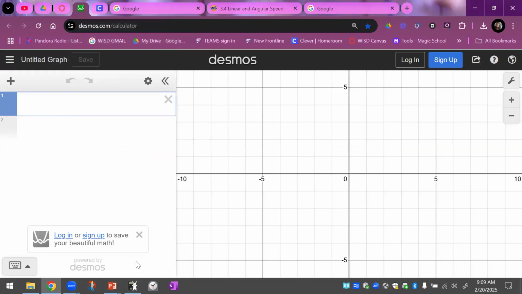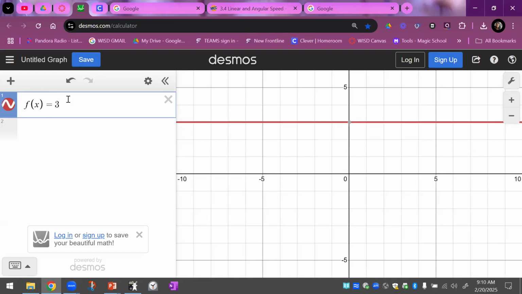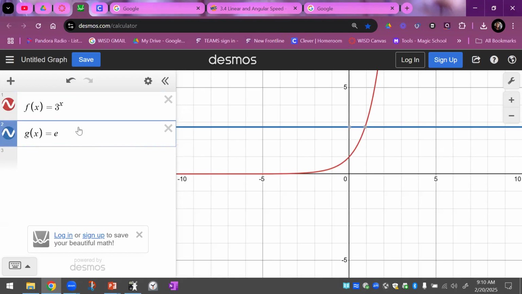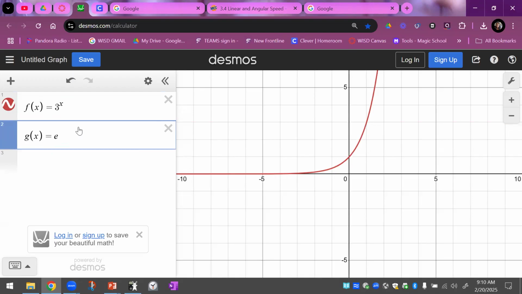Once you're here, type in our left side, f of x equals 3 to the x. Remember, shift 6 to get your power. And our right side, we'll call it g of x, equals e, shift 6.